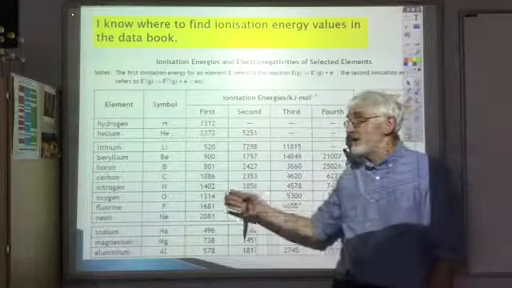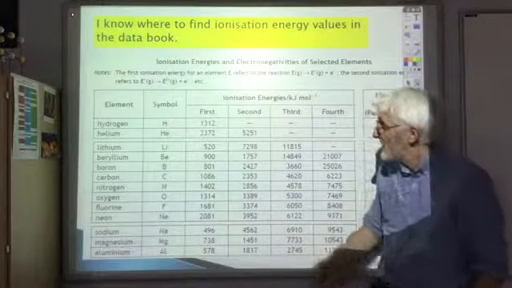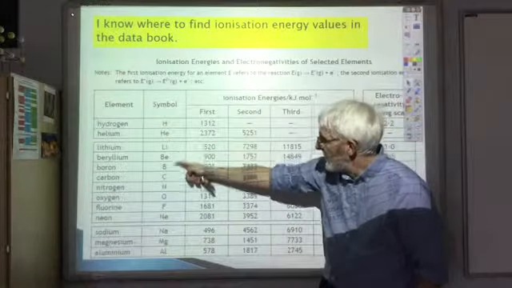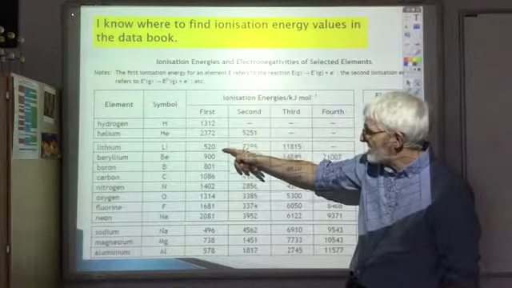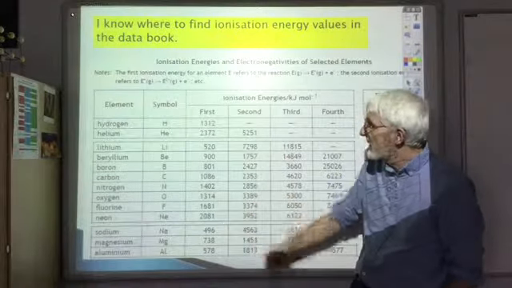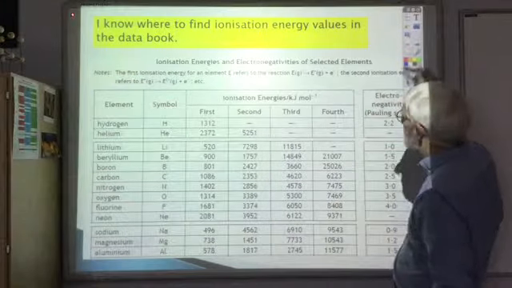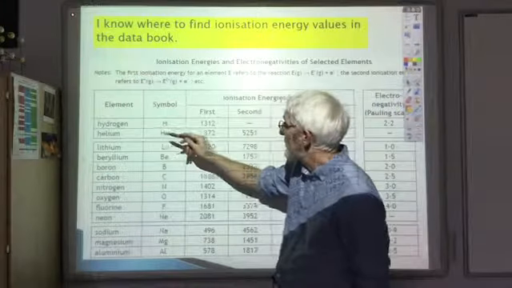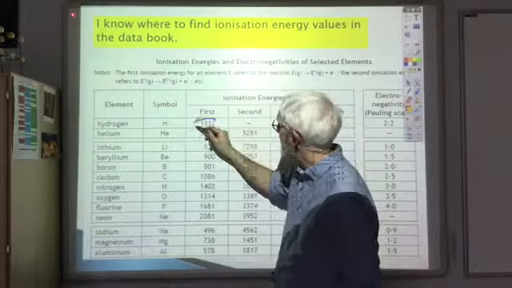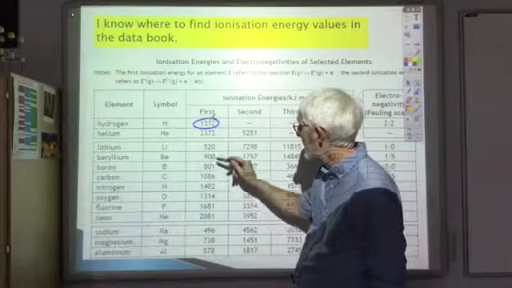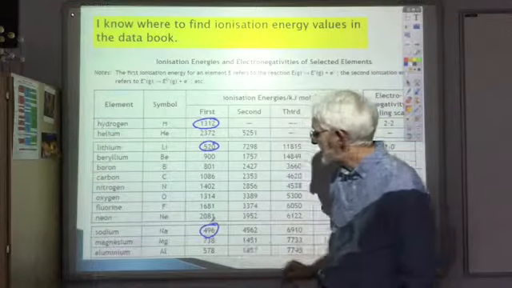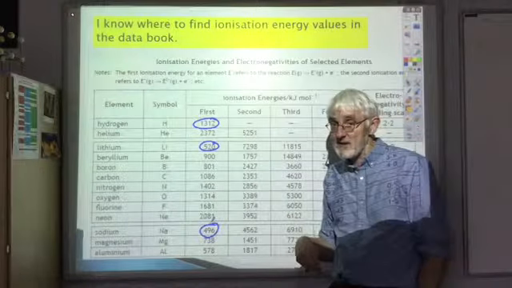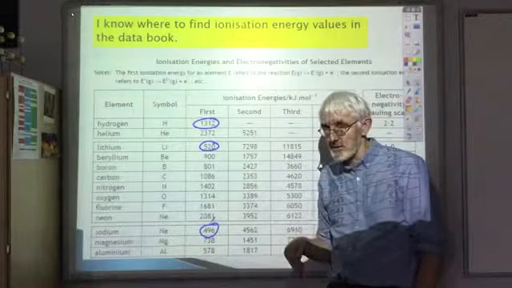So again we can look at the data booklet to get the trend. Going across a period from lithium to neon, the first ionisation energy increases. Going down the group, say going down group 1, we've got hydrogen 1312, lithium 520, sodium 496, so it decreases going down a group.